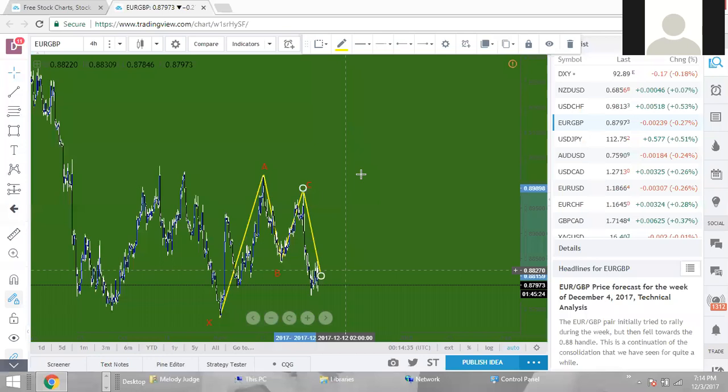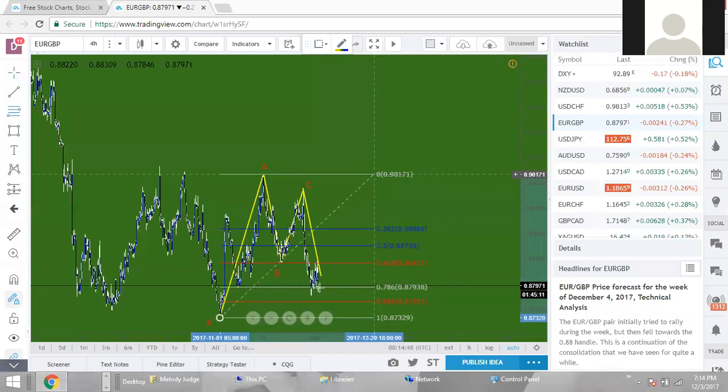So the market came down again. We got in probably here. Right there, we have a legit Gartley pattern.